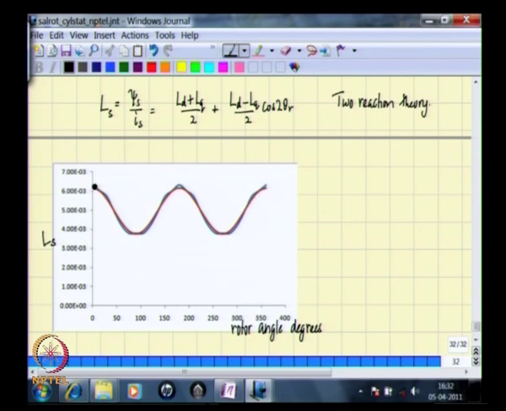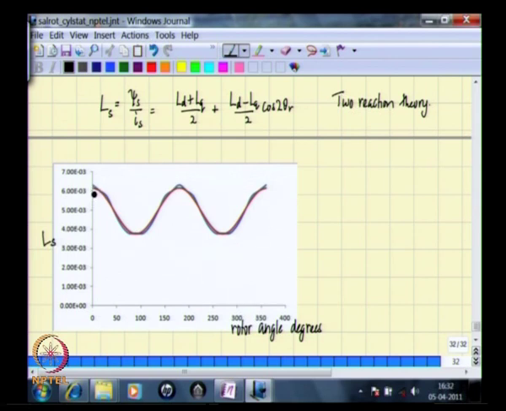That means the maximum value here would be LD, the minimum value here if you call it LQ, then this waveform can be described as an average value plus a cosinusoidal variation of an amplitude equal to LD minus LQ by 2, that is the amplitude of the variation.